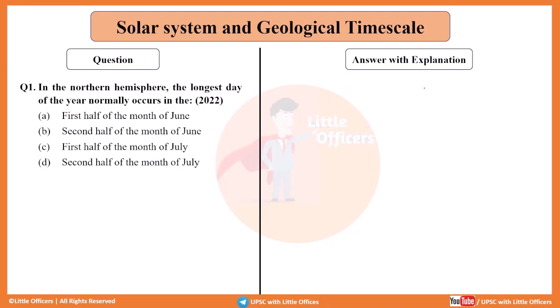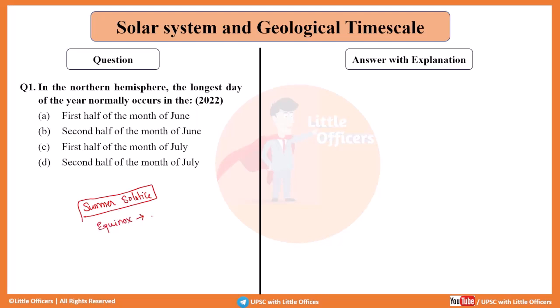in the northern hemisphere, the longest day of the year normally occurs in the... See, on the longest day are the concepts of summer solstice, winter solstice and equinox. These are the concepts we generally come across when we look at the apparent movement of the sun or actual movement of the earth. So we have how many equinoxes?